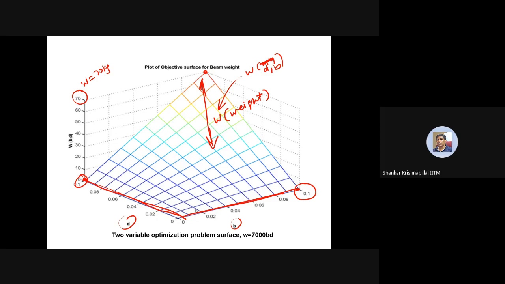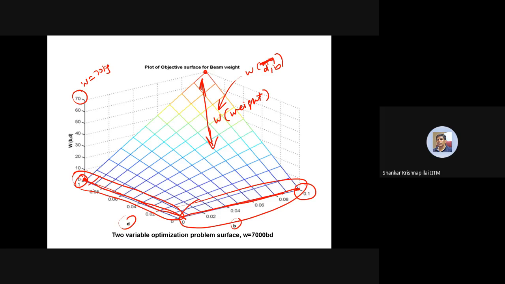One important issue here is that the constraints will not allow the beam to have zero weight. The reason is that when B equals 0 or D equals 0, the deflection will exceed the allowable limit, and the bending stresses will exceed the allowable yield stress. When B tends to 0 or D tends to 0, the cross section is so small that bending stresses will be very high, and it cannot withstand those bending stresses.